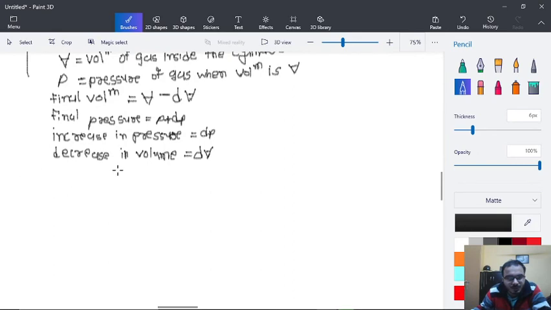So the bulk modulus K is equal to compressive stress, that is the increase in pressure, to the volumetric strain.